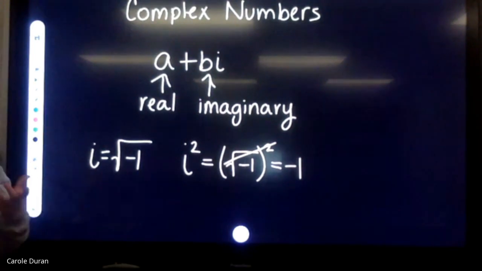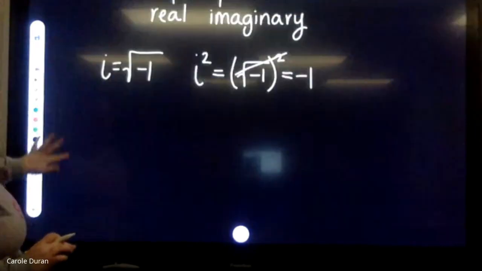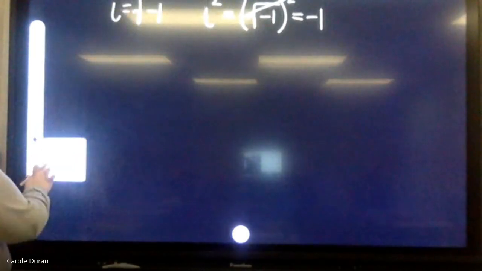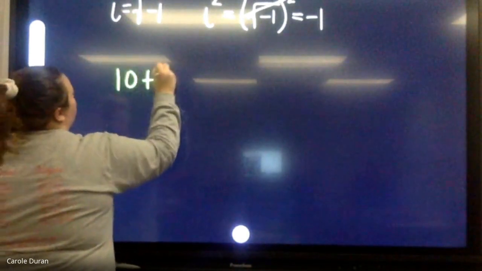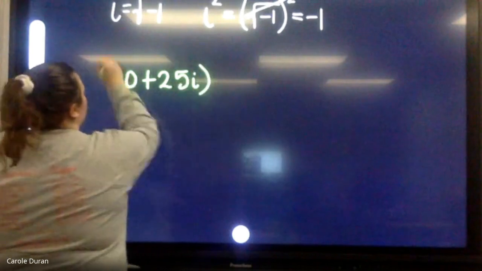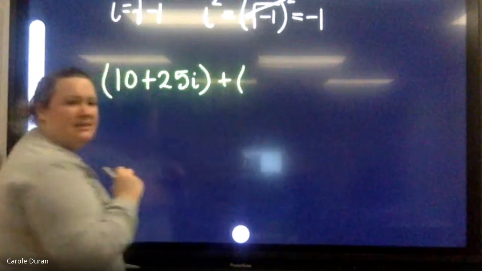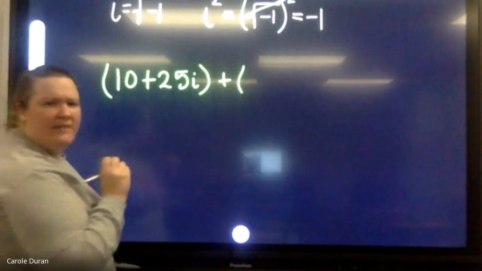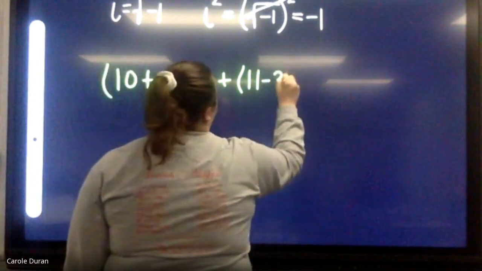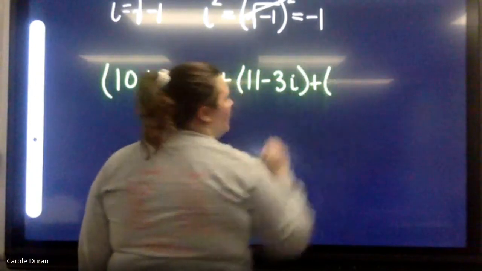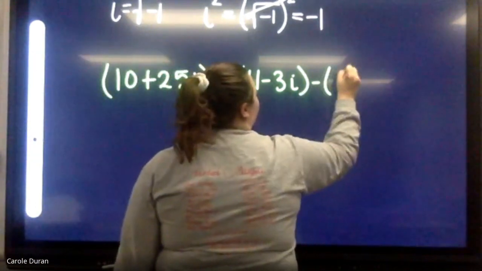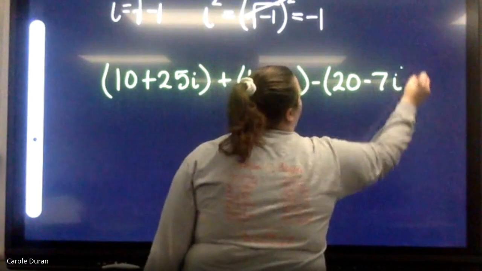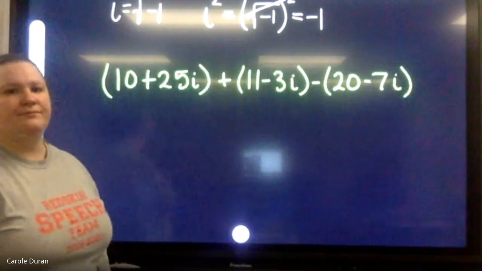We're going to start with the combining like terms portion first. The first example I would like to do is 10 plus 25i plus 11 minus 3i minus 20 minus 7i.